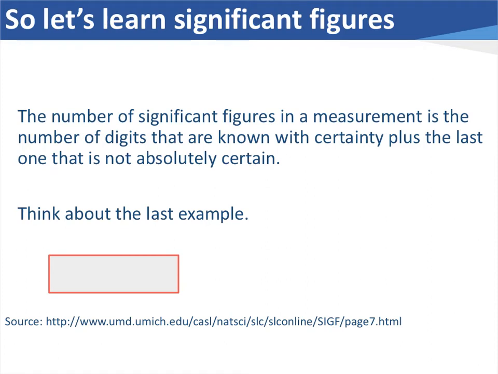Now, in terms of significant figures, the number of significant figures in a measurement is the number of digits that are known with certainty plus the last one that is not absolutely certain. Think about the last example, 6.33 centimeters cubed. This 3 was uncertain. It was an estimate. And so we had our uncertainty of plus or minus 0.05.